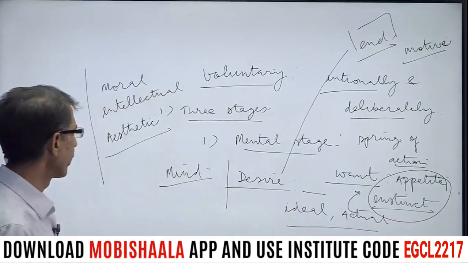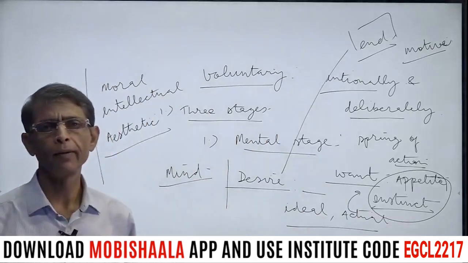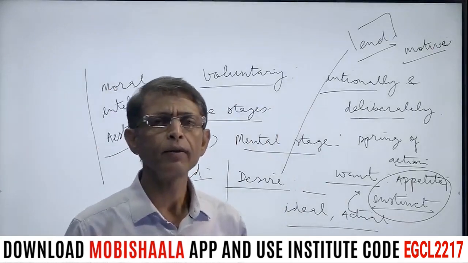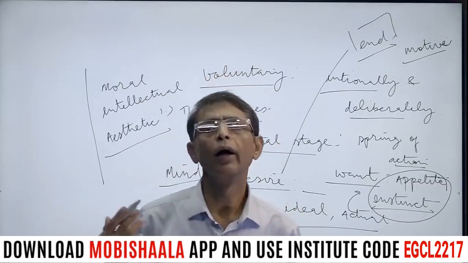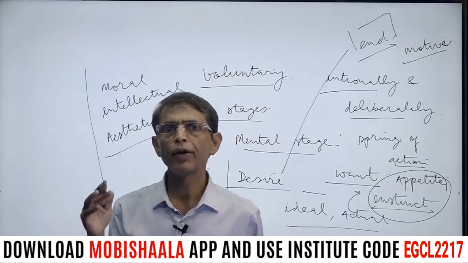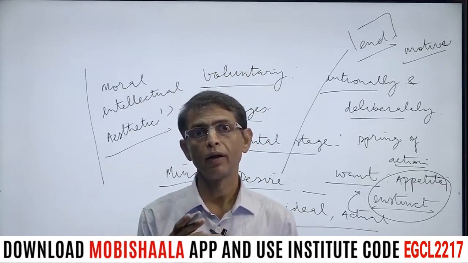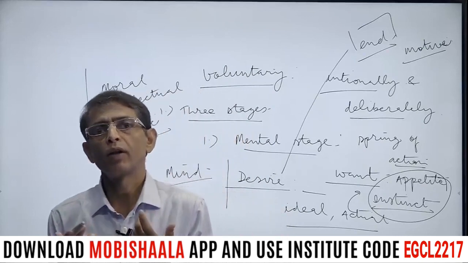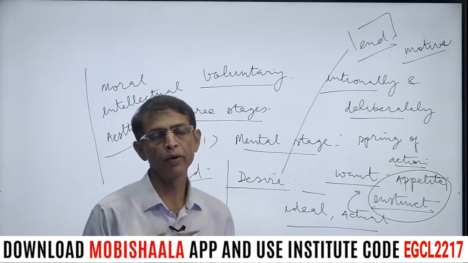Because there is a motive, sometimes if there is a certain motive, then it's fine. But if there are many motives, for example, suppose one is feeling hunger. First he feels a want. The spring of action comes from want, and the want is coming from appetite.